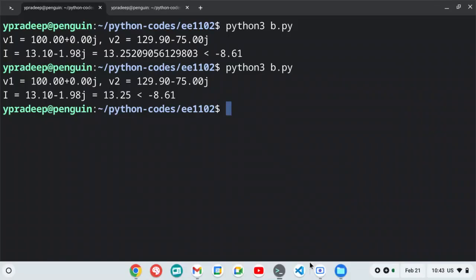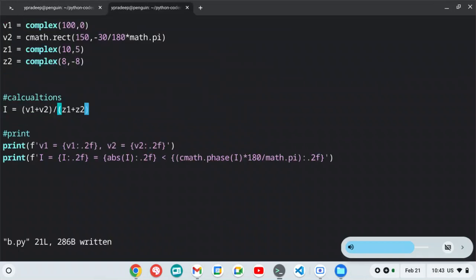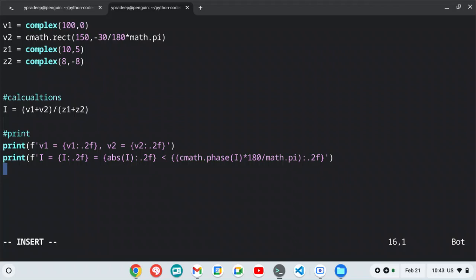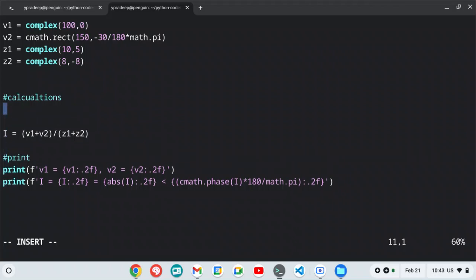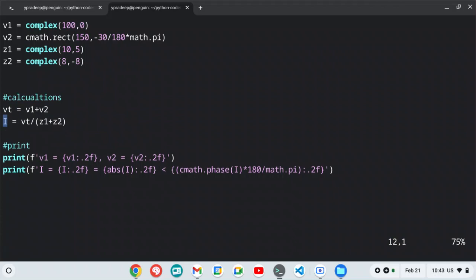So I'll go back. So instead of here, Vt equal to V1 plus V2. And here I will replace Vt. Now that Vt I want to print it.